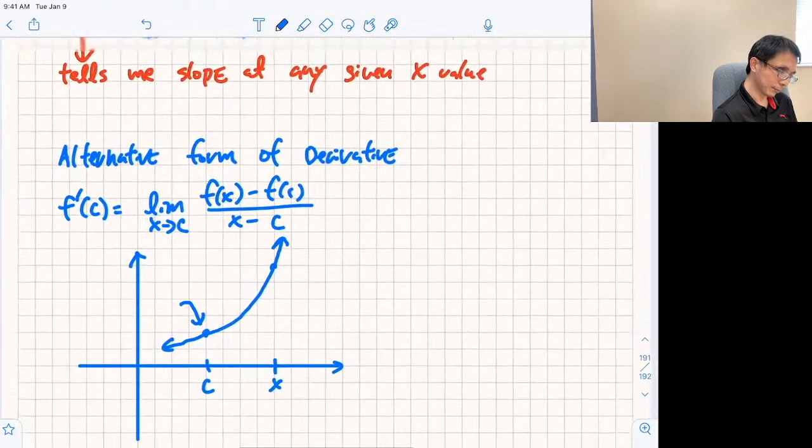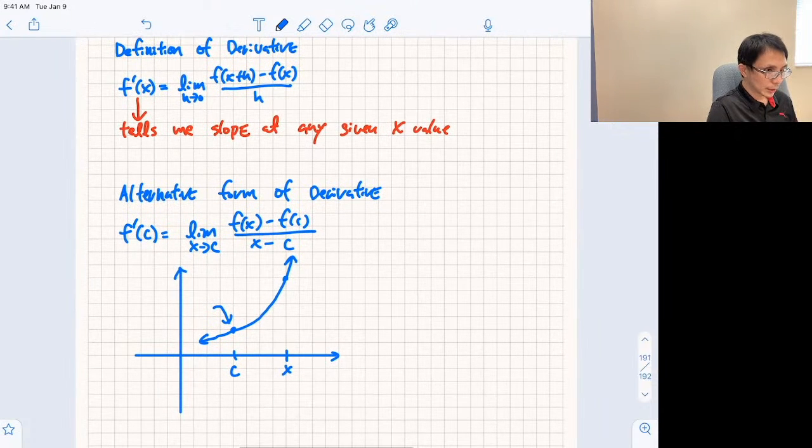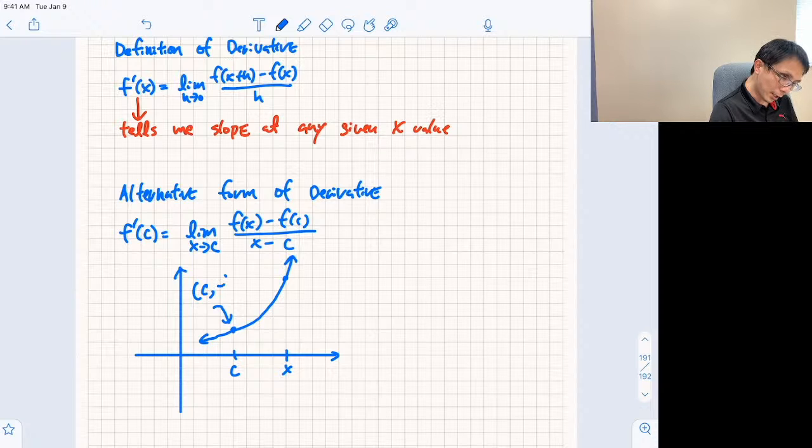We just talked yesterday about how the definition of derivative tells me the slope at any given x value. And today we're using the alternative form of derivative. It tells you a single point, only one point that you want to evaluate. In this case, we're going to call this coordinate c, f of c, and this point is going to be x, f of x.